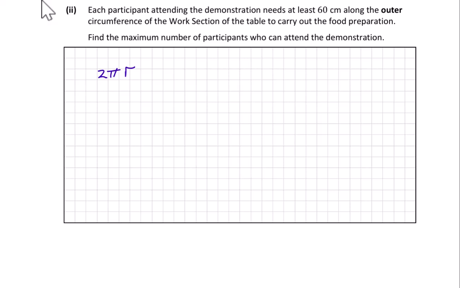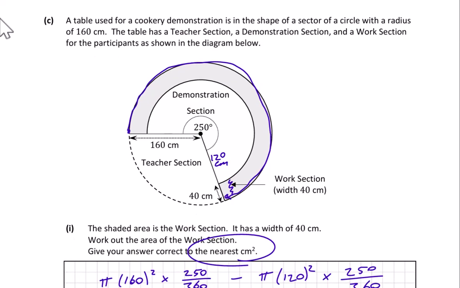So 2 pi r, the radius in this case, it's a large sector, so the radius was 160 centimeters. And I want to multiply that by the fraction we're talking about of the entire circle, which is 250 over 360. That'll give me the entire circumference of the work section that I just pointed out, the blue part, from here all the way around to here.